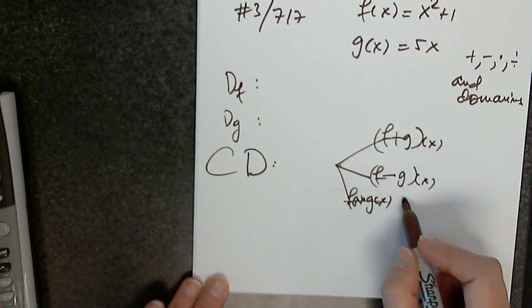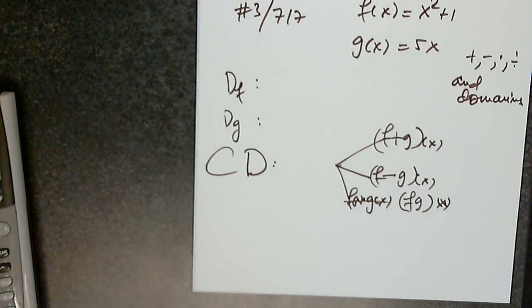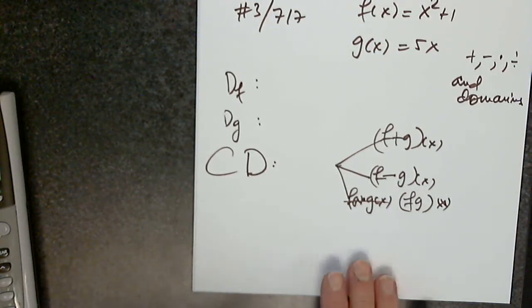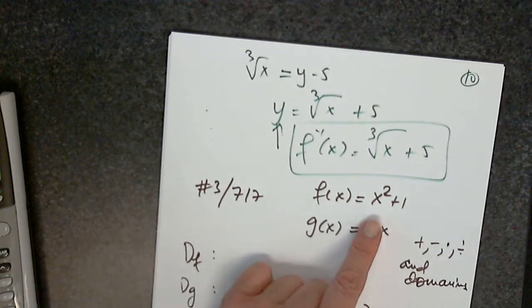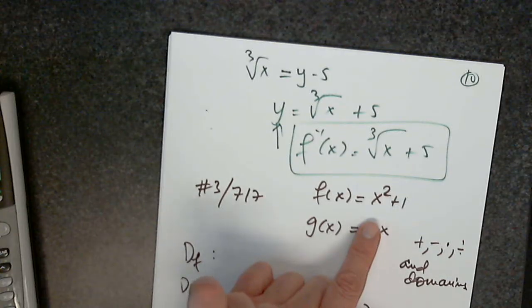I meant to write this. Good. Can anyone give us the domain of f? Okay, so if I give you this function and I say evaluate it for 1, can you do that? Good.